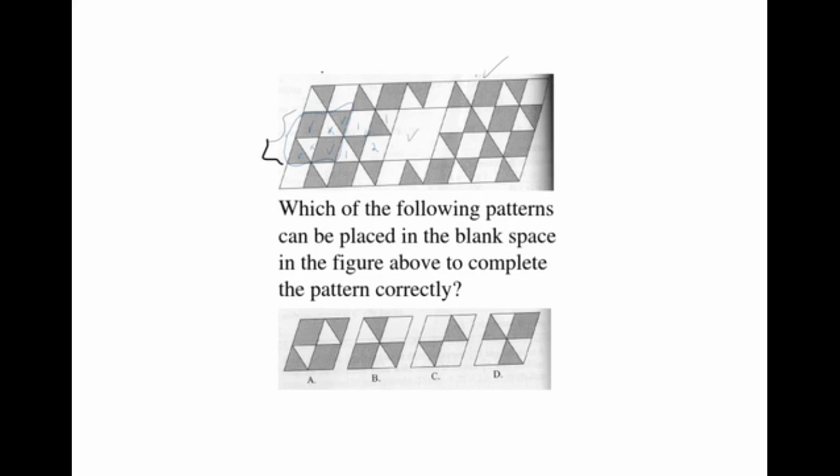Then the fourth row has a pattern which resembles the second row, and the fifth looks like the first one. So this means we have the first one, then the second one, then the first one gets repeated again, then the second repeated, then the first again repeated.